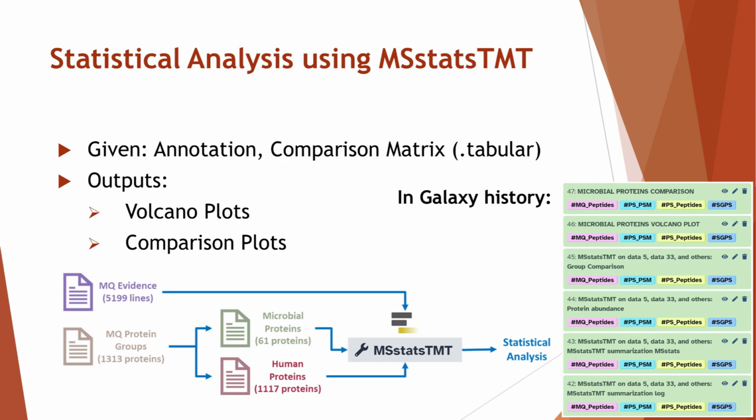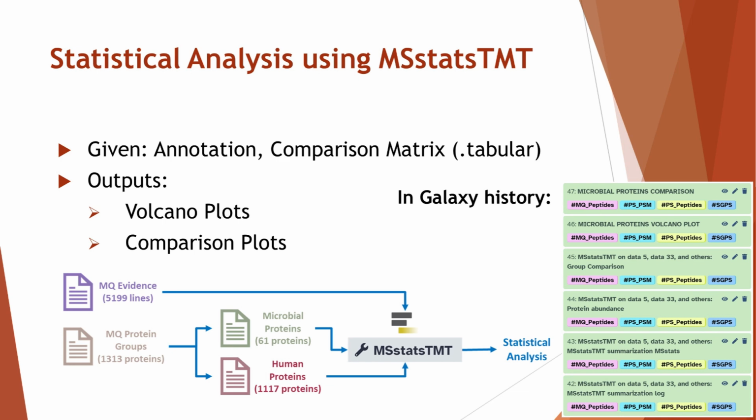The annotation file dictates how the quantifications will be combined, and the comparison matrix or contrast matrix will accommodate the 3 different sample groups, which are ovarian cancer, healthy, and benign. Using these inputs, MSstatsTMT removes all of the proteins labeled as contaminants from the MaxQuant protein groups file and performs statistical analysis to discern the differential expression of quantified proteins across the 3 sample groups.